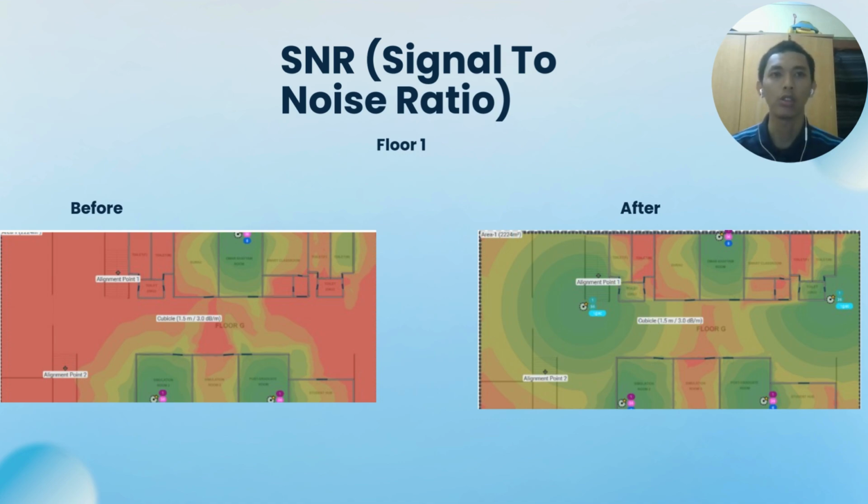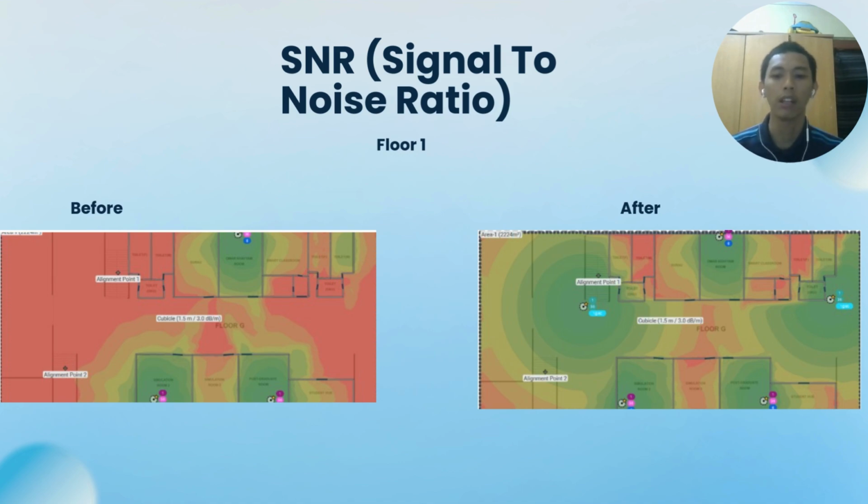So, as we can see here, SNR is a critical component of wireless performance. The SNR on floor 1 was initially low in many areas, falling below the required decibel threshold.